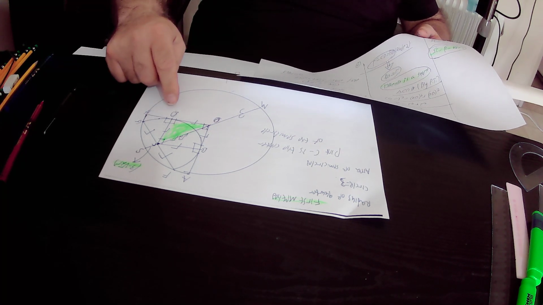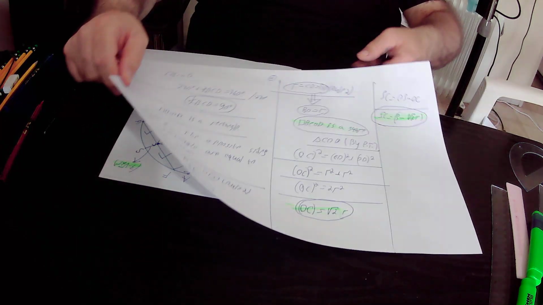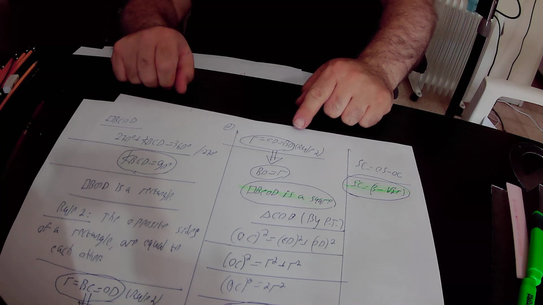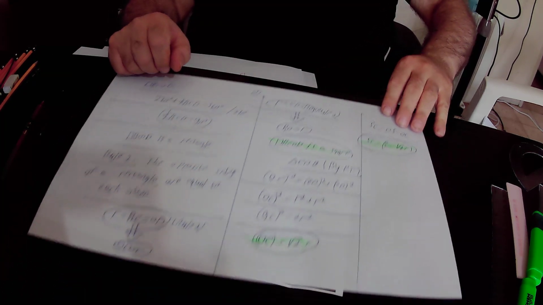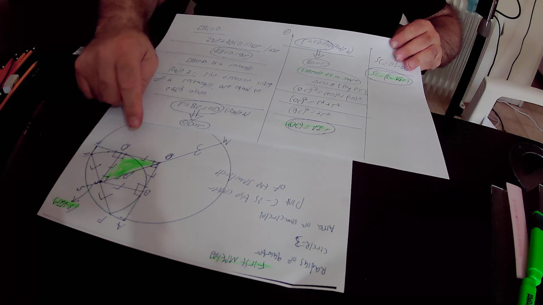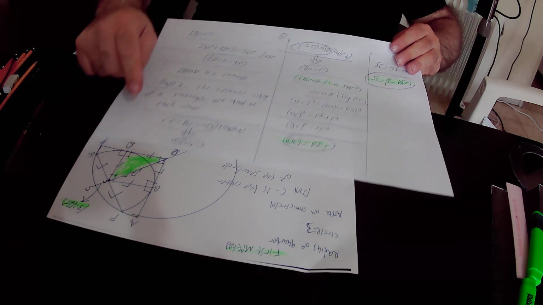Likewise, CD must be equal to BO according to rule number 2, that the opposite sides of a rectangle are equal to each other. CD equals BO, but CD equals R, the radius of the semicircle.